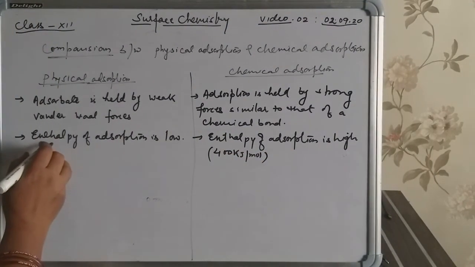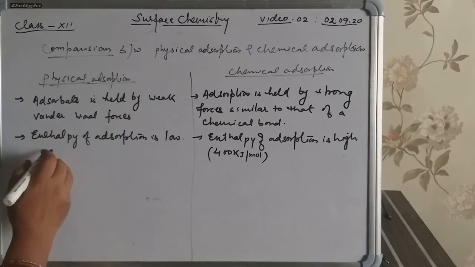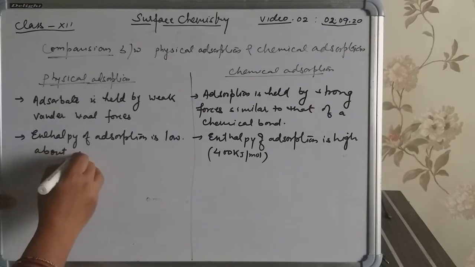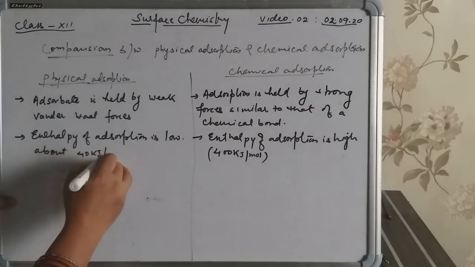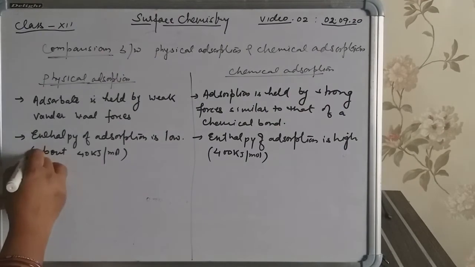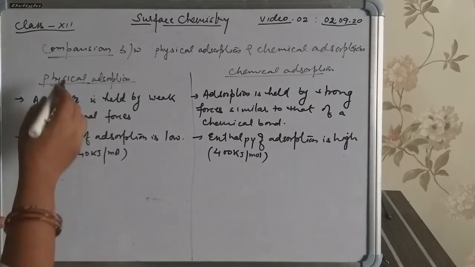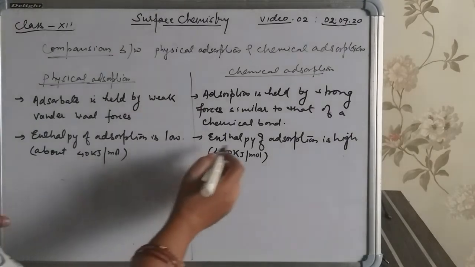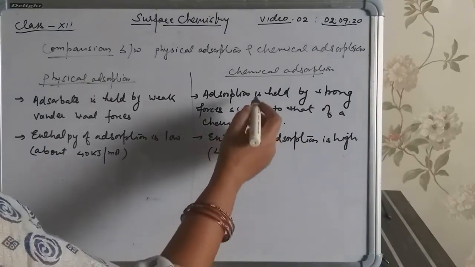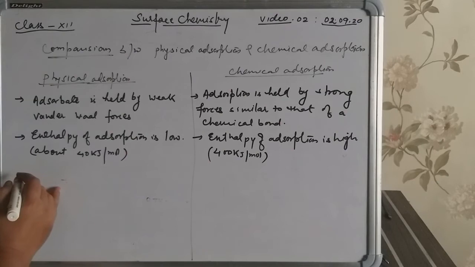And in the case of physical adsorption, it is about 40 kilojoule per mole. So in this way we can say that enthalpy of adsorption is low in case of physical adsorption and enthalpy of adsorption is high in chemical adsorption.